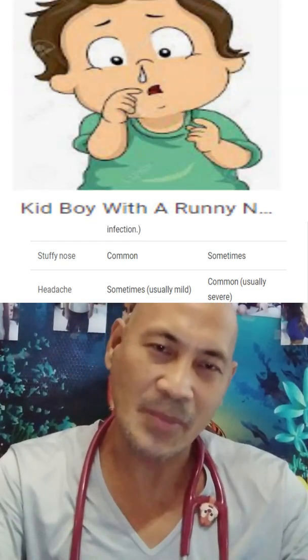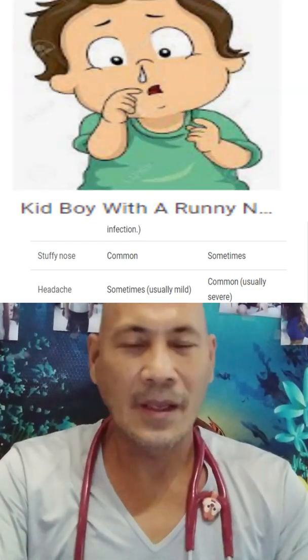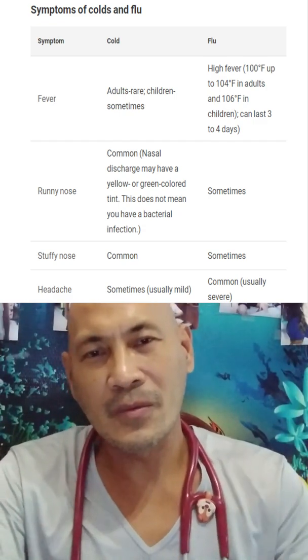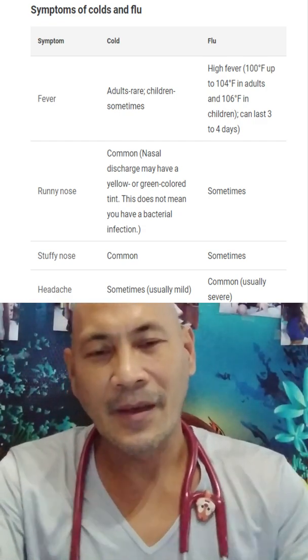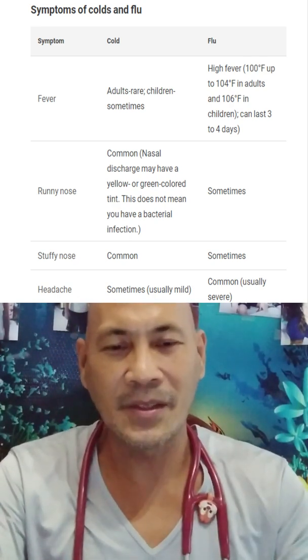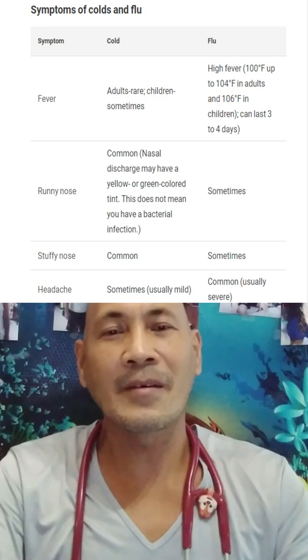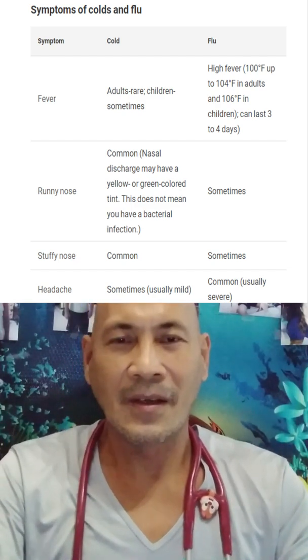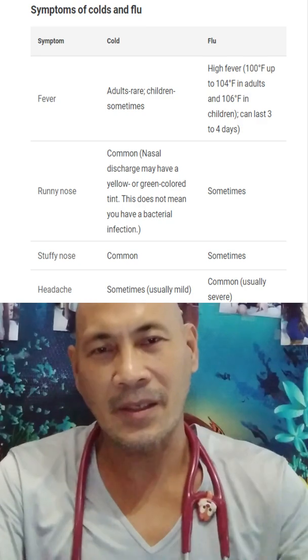And it sometimes happens in flu, but it is usually very common to see patients with nasal discharges in cold patients. So usually the discharge is yellowish or greenish in color. Sometimes this can be mistaken as bacterial infection in patients with colds.